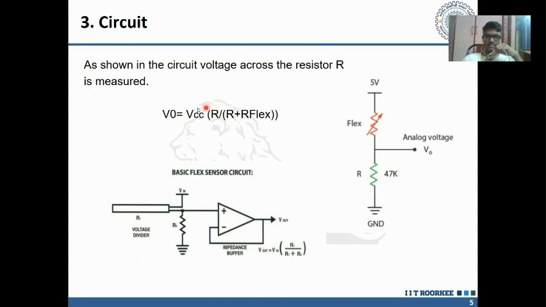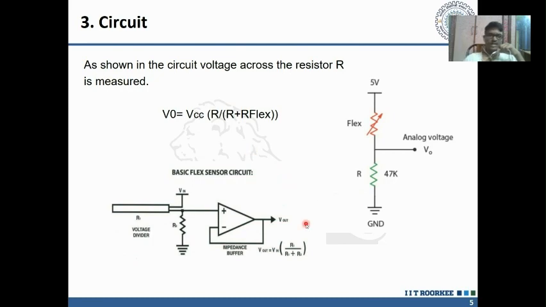Due to the bending, the voltage across R changes, so we can indirectly measure the angle depending on the voltage drop across R. And we will amplify it using op-amps. We get the output in an amplified form, or we can change it into a current.